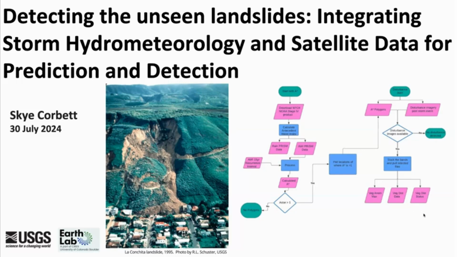Okay, good morning, everyone. My name is Sky Corbett, and I work with the USGS. I've been working with the USGS for roughly 14 years. I got my master's in geology, and my focus at work is basically on remote sensing and spatial analysis, providing insights into spatial distribution of landslide risk. I get the joy of having lots of toys: terrestrial LiDAR, UAVs, and I do a lot of instrumentation.